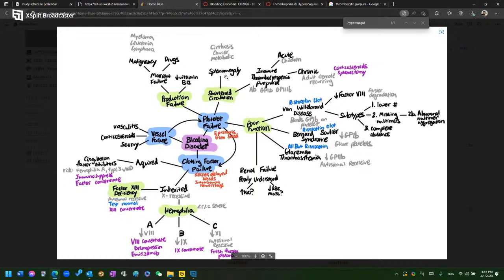We could have a problem with our spleen or maybe our liver, where maybe the platelets get phagocytosed. Maybe they get stuck, right?